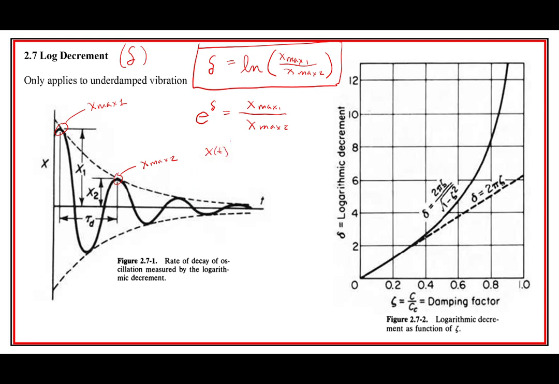We could say we have some big magnitude, this maximum magnitude right here, times e to the minus, and we'll use this form where we have the natural log times t, and then this is times the sine of the damped natural frequency right there.